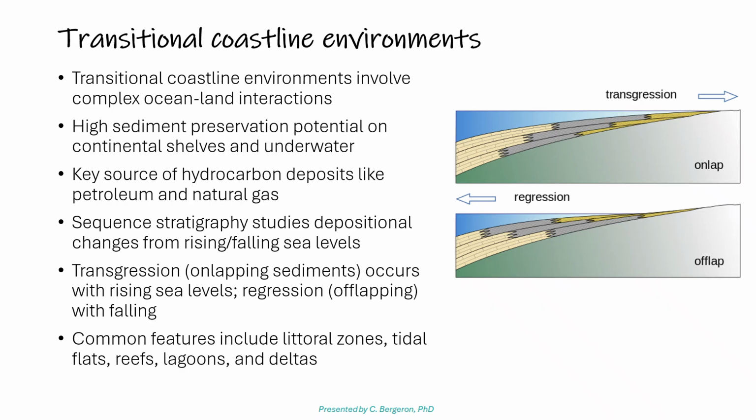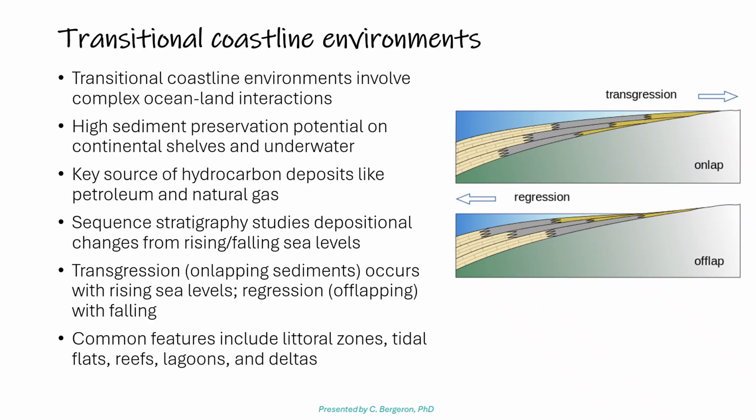Your transitional coastline environments are zones that are more complex. There are complex interactions caused by the ocean water hitting the land, and sediment preservation here can vary. Because deposition occurs on the continental shelf and under the water, you can have high preservation. But if you have decreasing or subsiding sea levels, then you can have all of the accumulated material be eroded away.